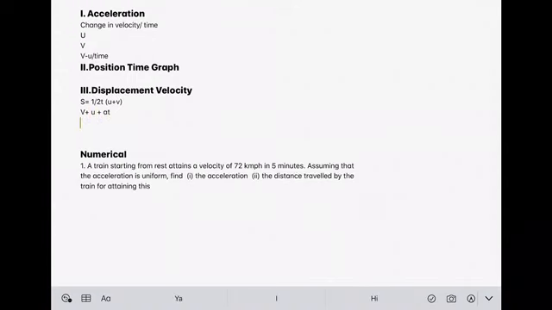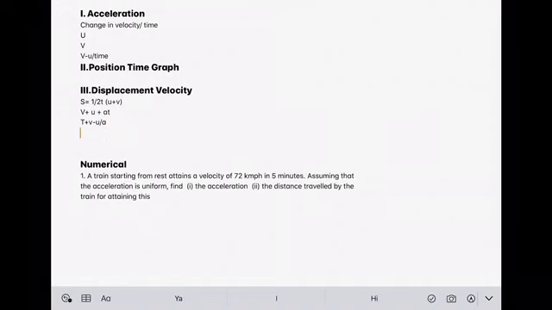Now that will mean t equals to v minus u upon a. Now we're going to substitute the value of t. Okay, so we're going to get S equals to half bracket open v minus u upon a into v plus u.